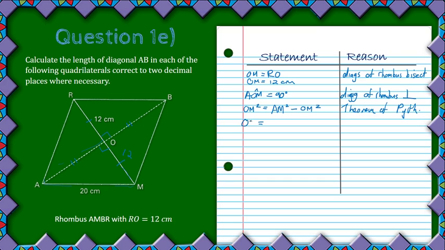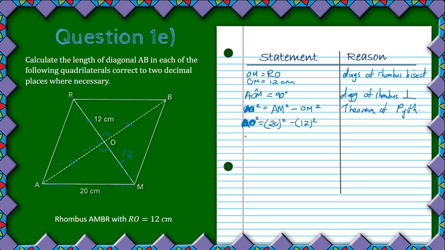Then I've got OM squared, AM is equal to 20 minus OM, which is 12. Wait, this doesn't make sense. AO should be the short side. I'm looking for AO. So this is AO.